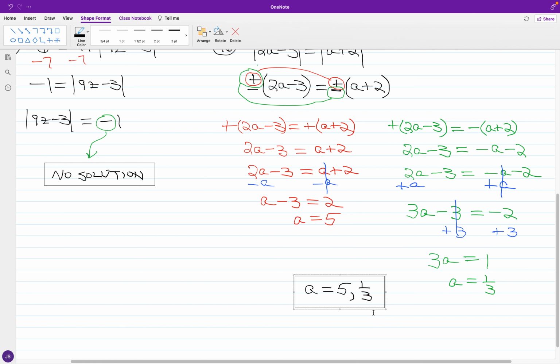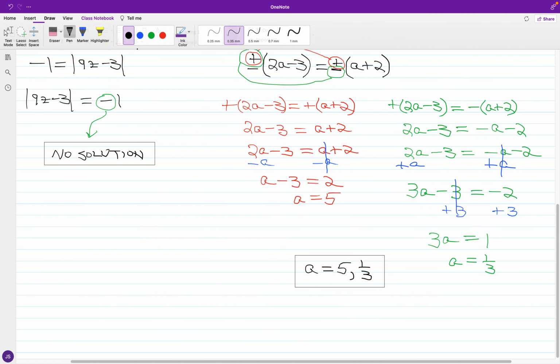Okay, now for the next items, in section R6, we'll have what is going to be referred to as the complex number system.